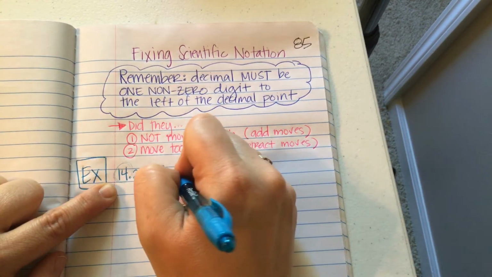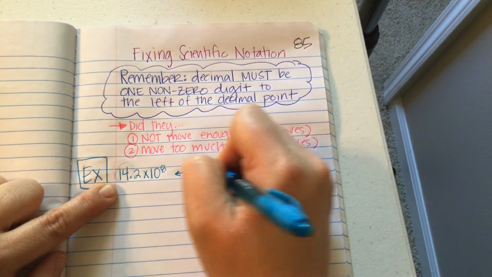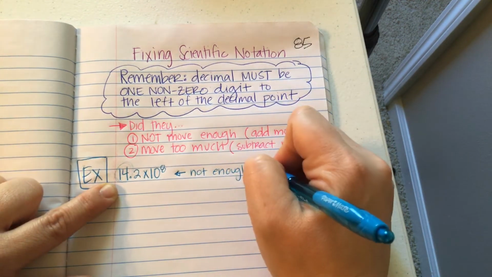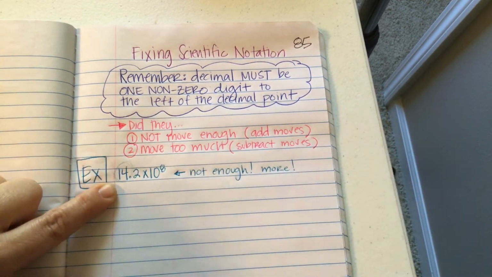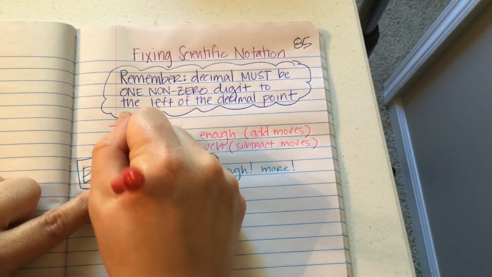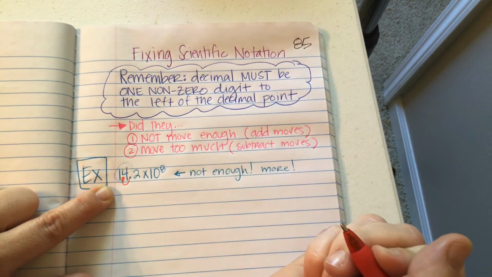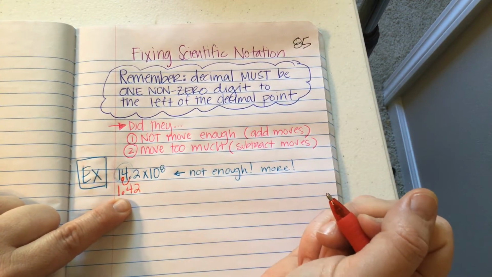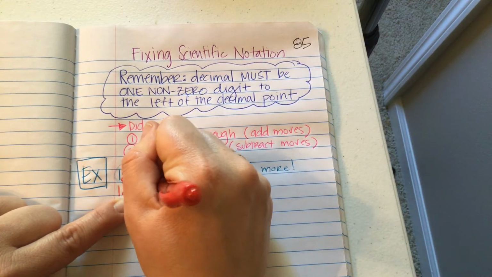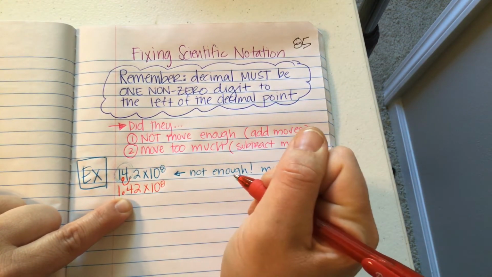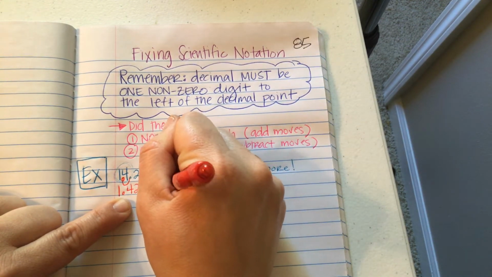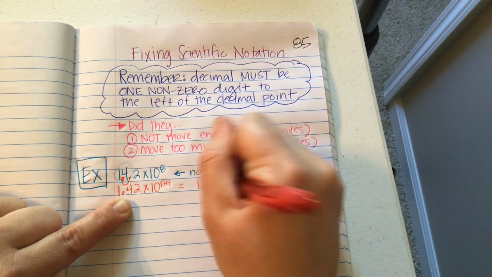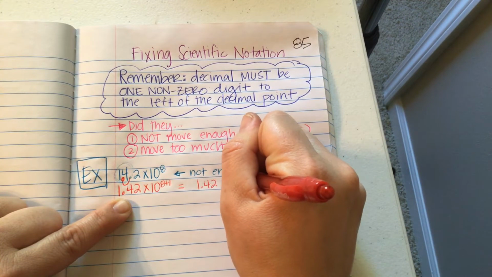This is an example of not enough. I need to move more. So I'm going to take my decimal and move it one more time, meaning my new answer is 1.42, which is the right kind of decimal, times 10 to the 8th. But I had to move one more time, so I'm going to add 1 to my exponent, meaning my answer is 1.42 times 10 to the 9th.